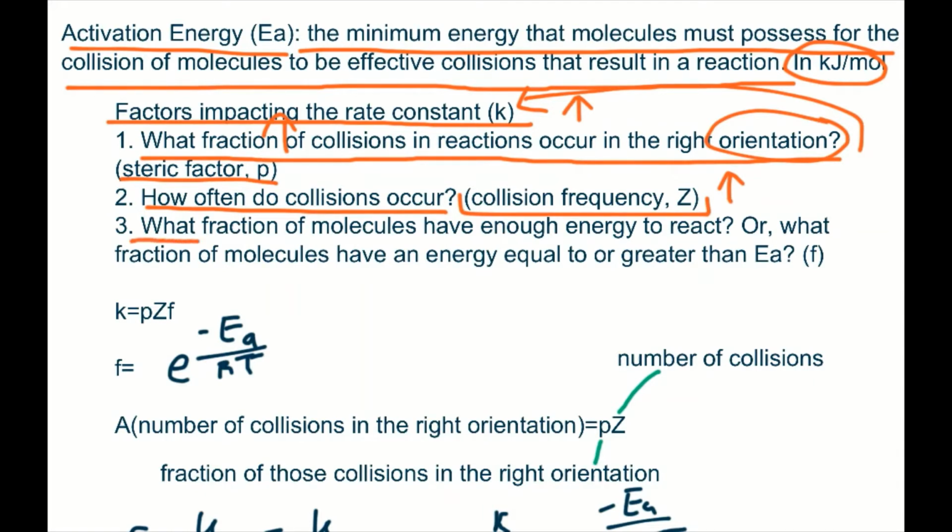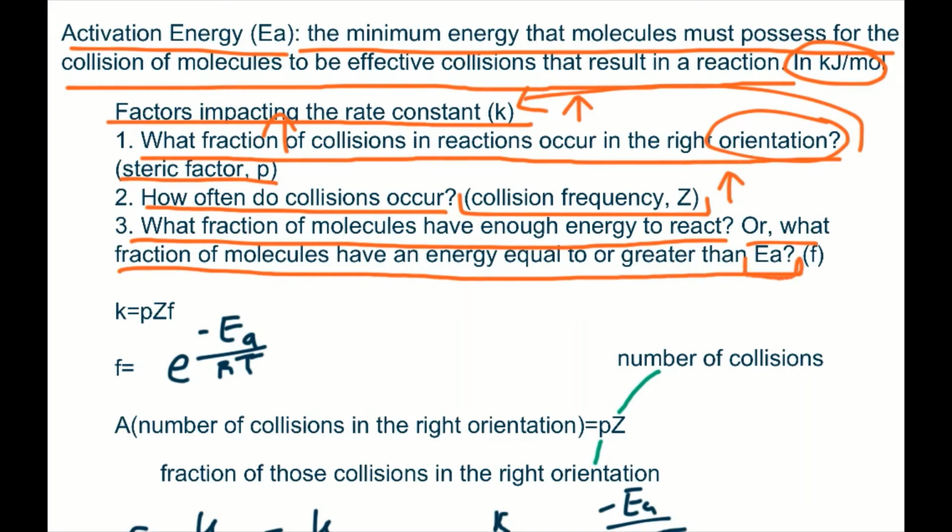Number 3, what fraction of molecules have enough energy to react? Or, in other words, what fraction of molecules have an energy equal to or greater than the activation energy EA? This is symbolized by the letter F. So, the greater the fraction of molecules that have enough energy, the more likely that they are going to react, which increases the rate constant, since if more molecules react because they have enough energy, then the rate will go up.